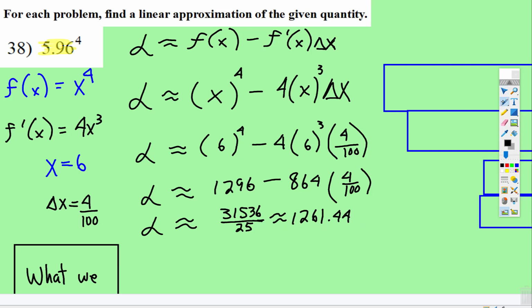This is the key thing to know. When it's less than the integer, the delta x will be a positive amount. But if this would have been 6.04 to the fourth, and x still would have been 6, just like here, x is 6, this delta x is going to be negative 4/100.